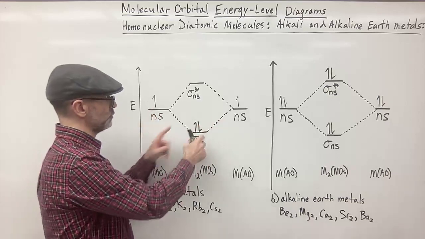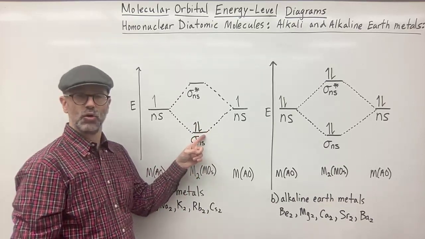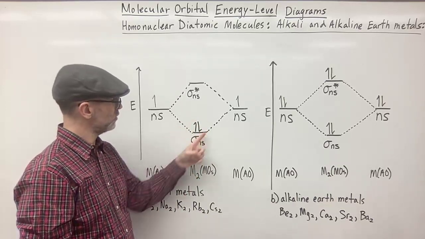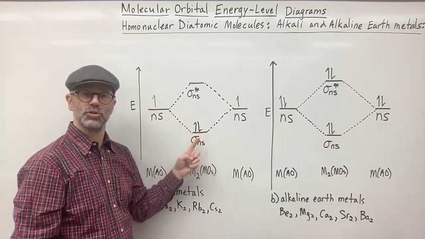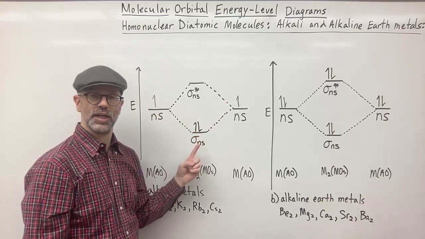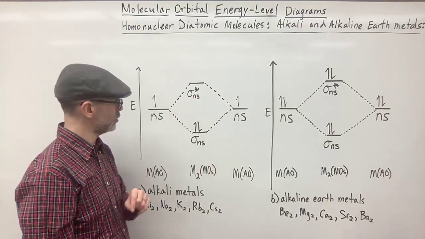We're going to put these first into the lowest energy level molecular orbital, and so this is going to be filled with 2. We only have 2 electrons, so those 2 electrons are going to go into the lowest energy level, and nothing goes into the sigma star energy level.